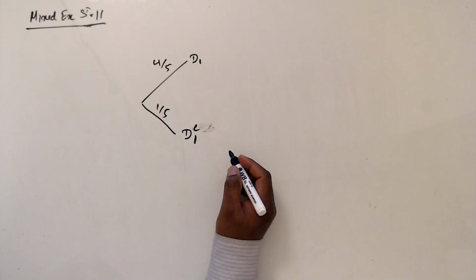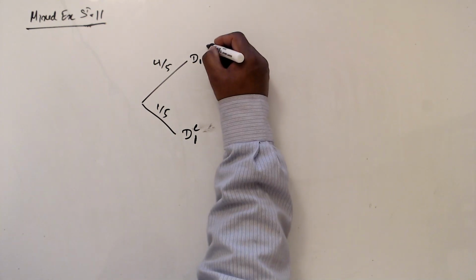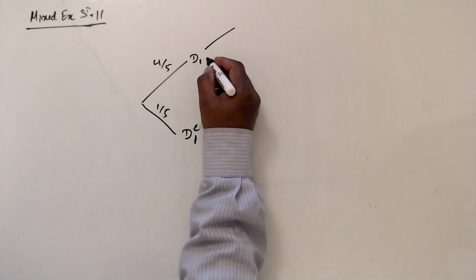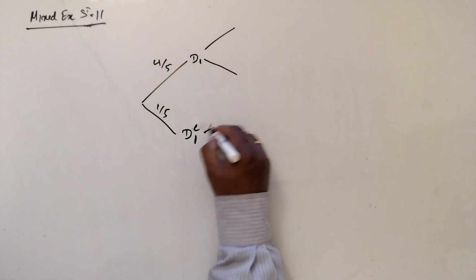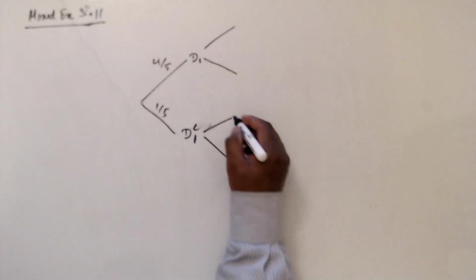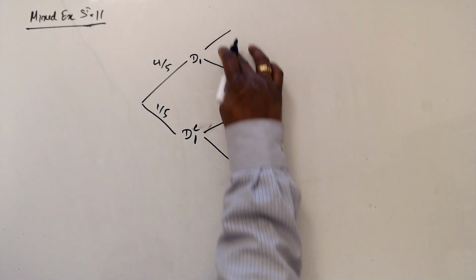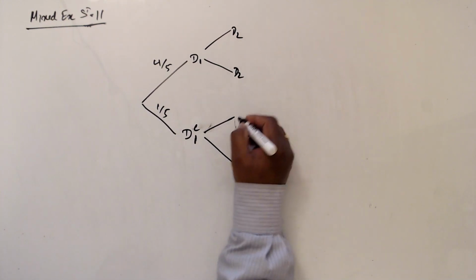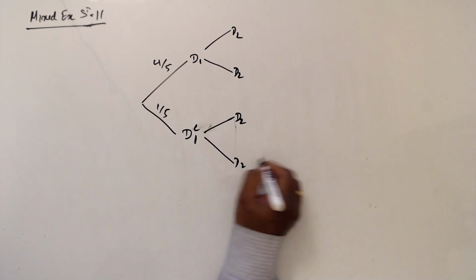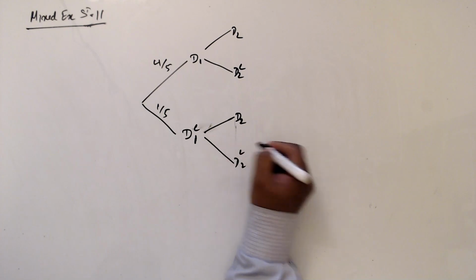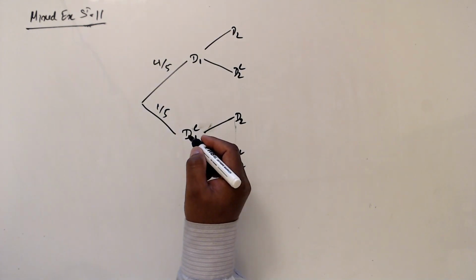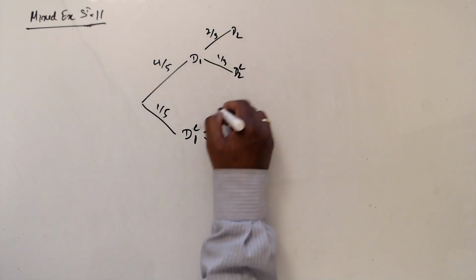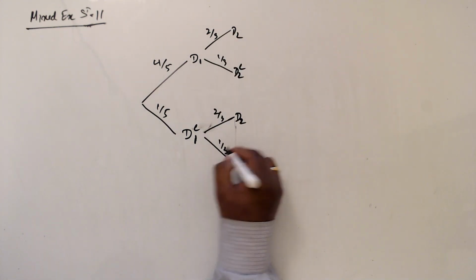And then the second level, D2, and its complement, with probabilities 2/3, 1/3.